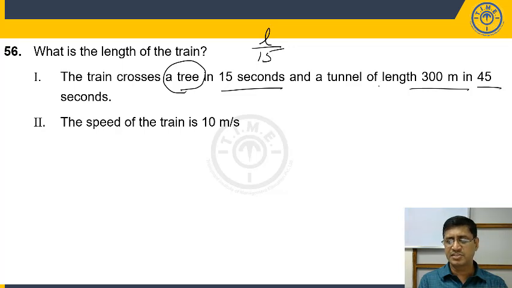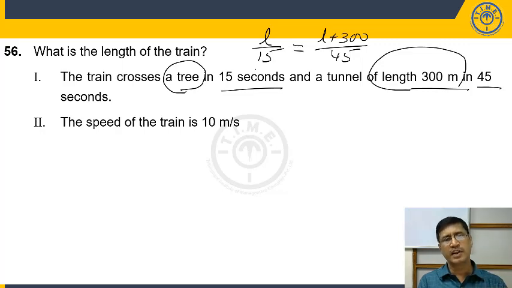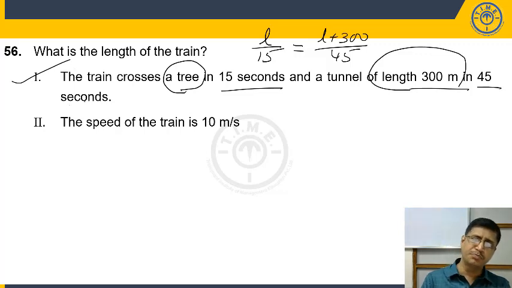In the same statement, what is given? The same train is crossing another object, a 300-meter tunnel. So L plus 300, it is crossing in how much time? 45 seconds. Now the speed of the same train is given in terms of L in 2 ways, so just equate these two and simplify, and you will get the answer. So it is possible to answer with statement 1. Now look at statement 2.